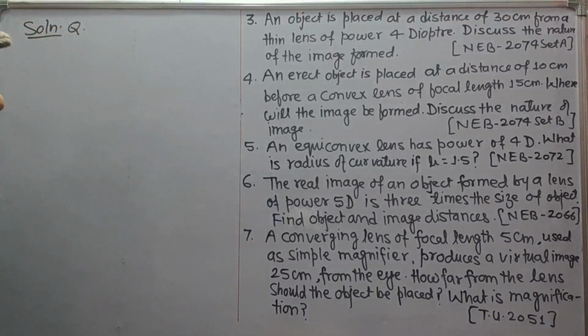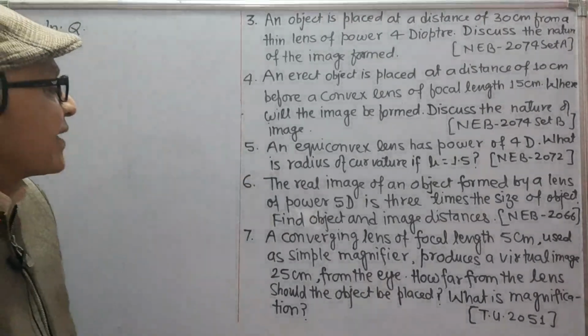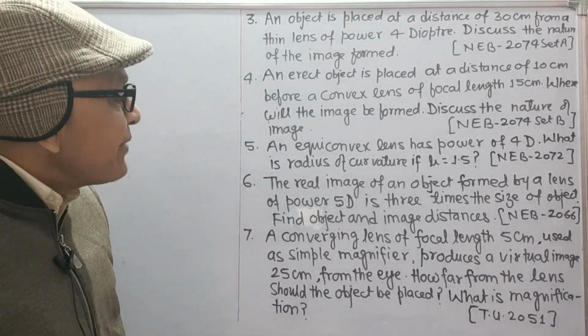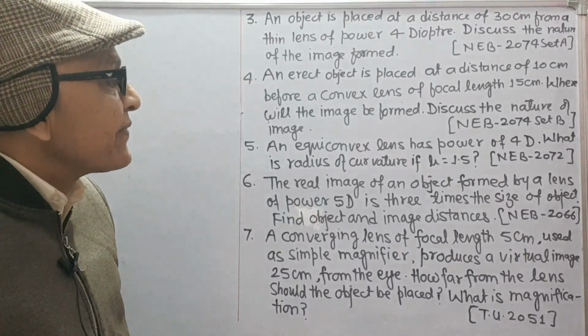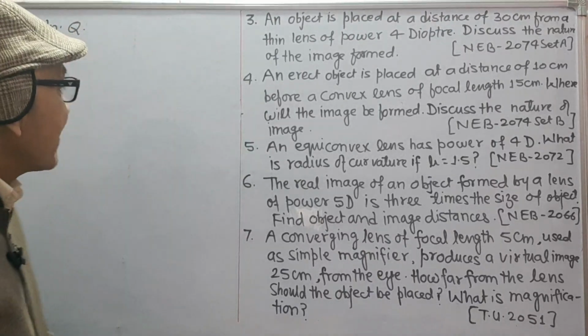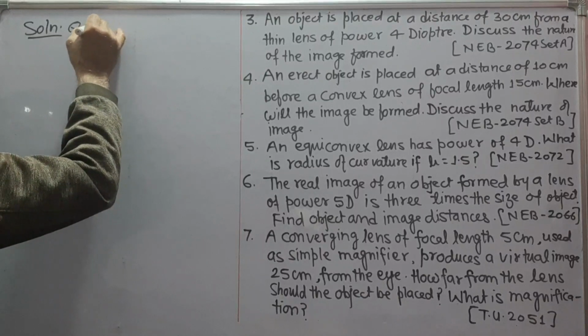Next, question number 6. Question is, the real image of an object formed by a lens of power 5D is 3 times the size of object. Find the object and image distances. Solution to question 6.